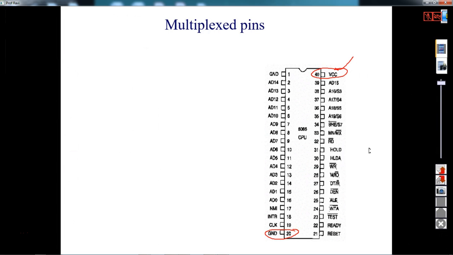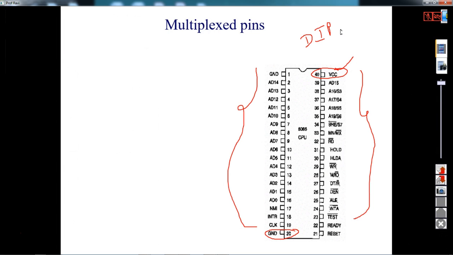Any chip has to be powered up, so these are the power pins, VCC and ground, generally for any IC. This package is called DIP, dual inline package, which means you find the pins on both sides of the IC. For processors like i3, i4 or Pentium, the pins are on the bottom. The 8086 is available in a DIP package.